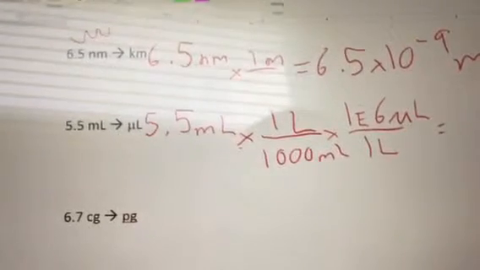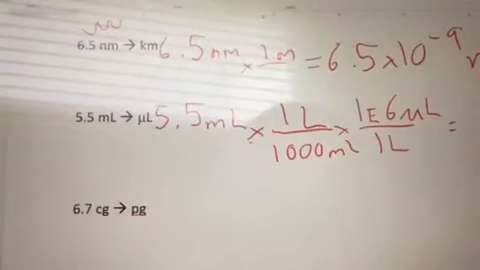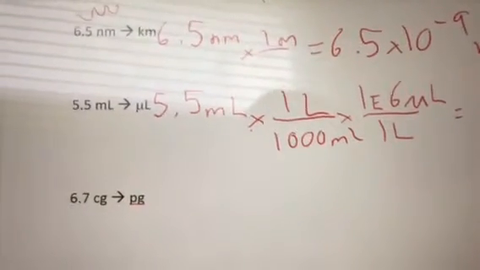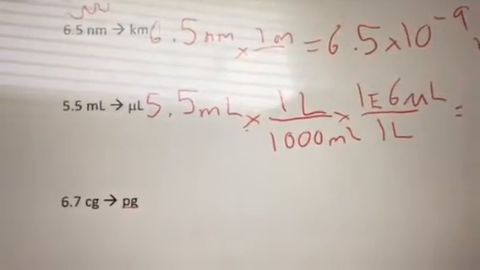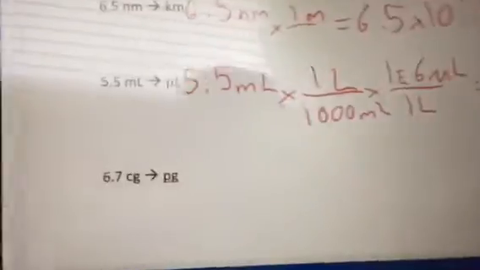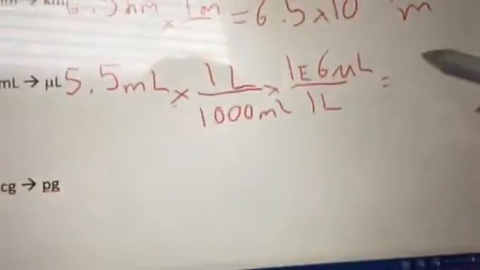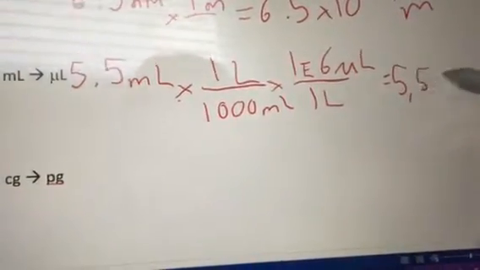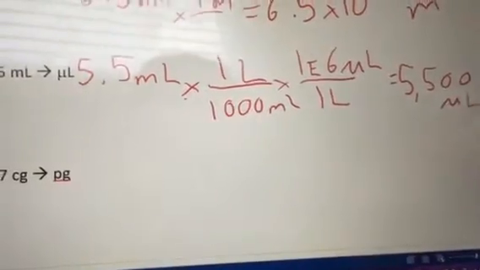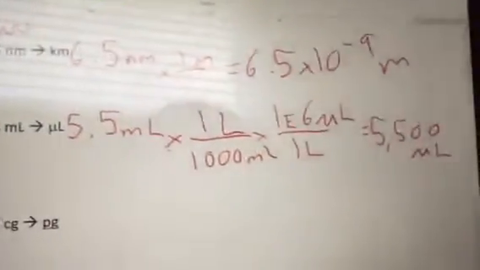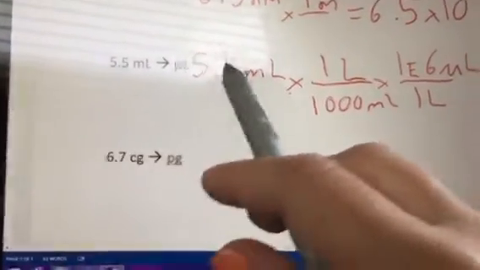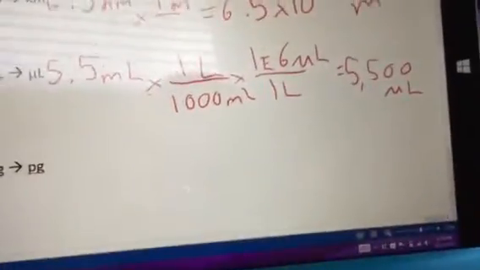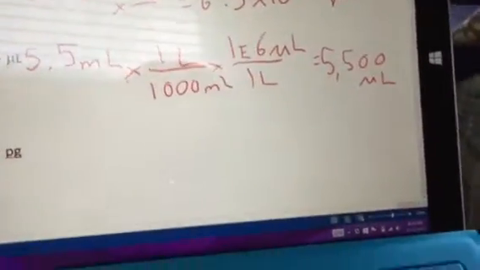So if I plug this in my calculator, 1 e to the 6 divided by 1,000, I get 5,500 microliters. Okay, and then again, you have to think about, does that make sense? If I have 5.5 milliliters, I'm going to a small unit of measurement, so there should be more of them, and I do have more microliters than I did of milliliters.